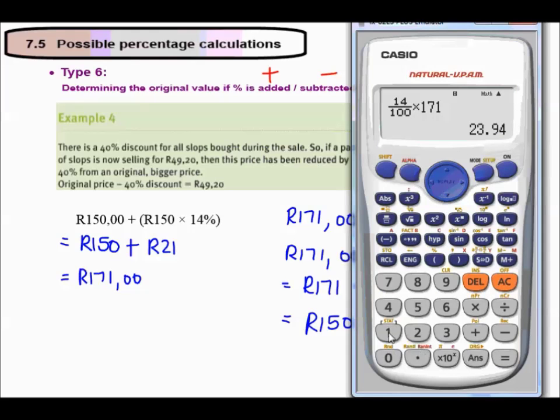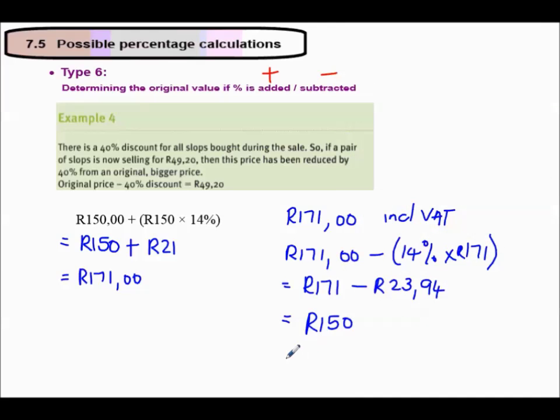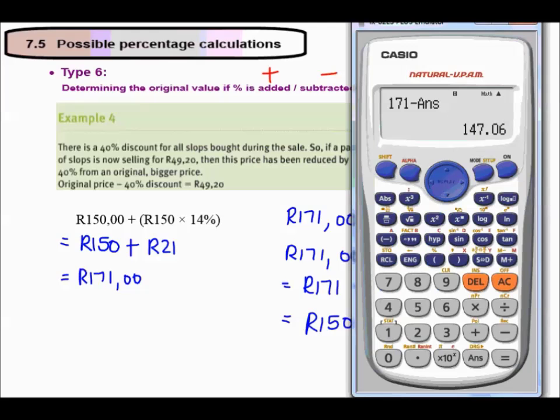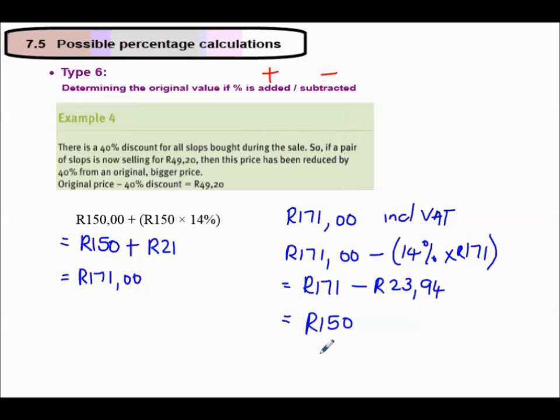So if I take 171 Rand minus the answer that I got, that equals 147.06. Do you see that these two do not equal the same value? So this method here is totally incorrect.